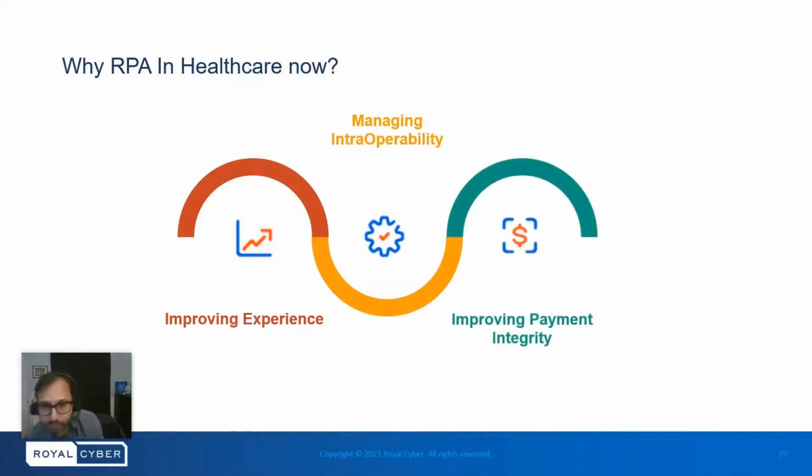Likewise, improving payment integrity is another area to focus. We can automate processes across claims management and fraud, waste, abuse to improve cycle time and audit rates, which impact your overall payments and cost per claim.